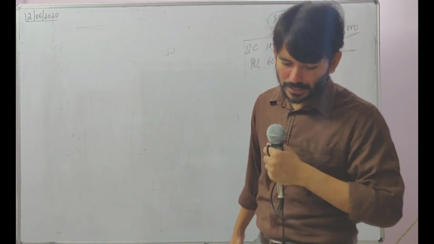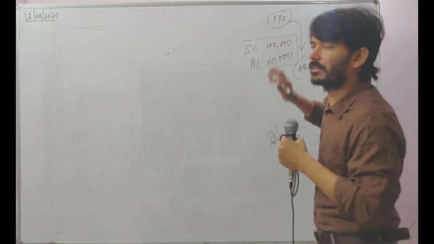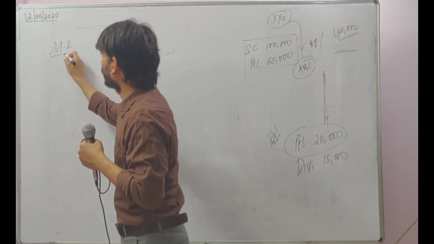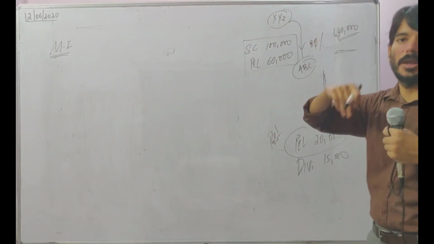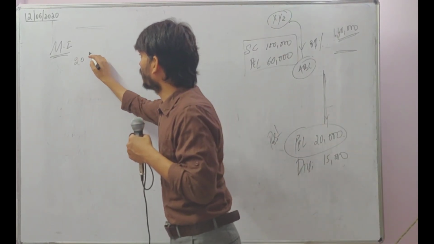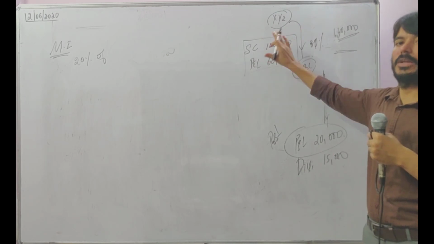You see, what is the amount of minority interest as on that date? So what do you write? MI, minority interest. How much? When you are purchasing 80%, which implies that the remaining 20% is held by the minority interest. So 20% of what? On the date of acquisition, whatever is the net worth.